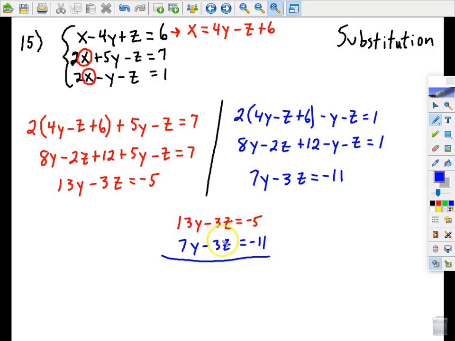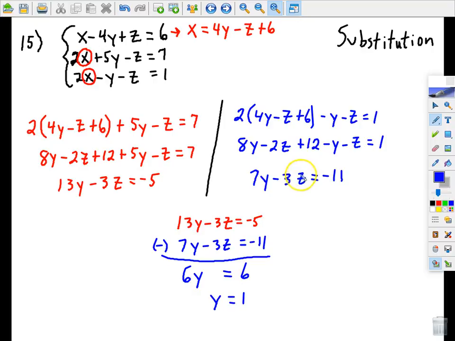All right, well, we noticed that our z's will cancel. That's nice with subtraction. So 13 minus 7y is 6y, and the z's cancel. Negative 5 minus negative 11, that's the same thing as negative 5 plus 11, which is 6. So we got our y value.